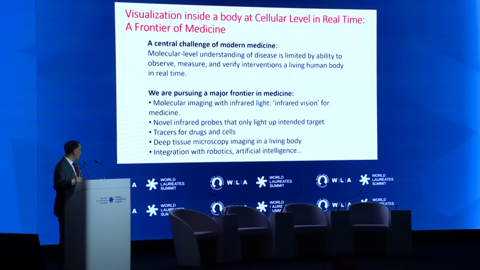So we want to be able to see things in the body, to see if they get to the targets, see if treatment is working, and see if every cancer cell is removed by the surgeon. We are doing this by combining chemistry, material science, and integrating with robotics and artificial intelligence, because quite often if you want to target something, you need a very good ligand. Those ligands bind to specific proteins, and that needs to be optimized by AI.